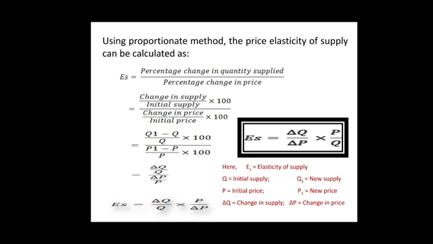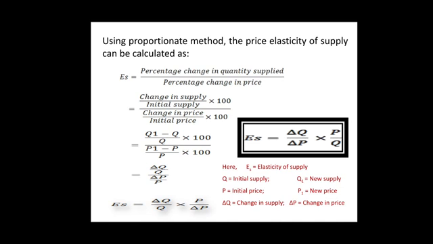Percentage change in quantity supplied is equal to change in supply divided by initial supply into 100, and percentage change in price is equal to change in price divided by initial price into 100. Thus, elasticity of supply is equal to change in supply divided by initial supply into 100 whole divided by change in price divided by initial price into 100.